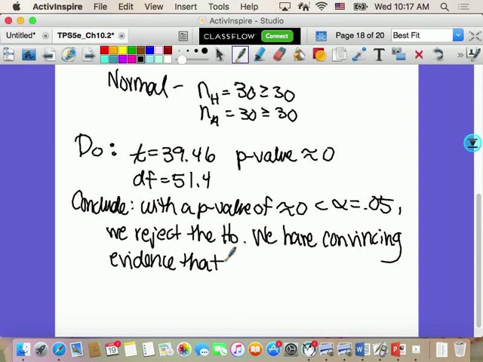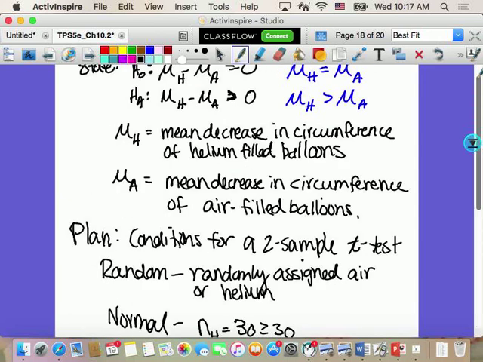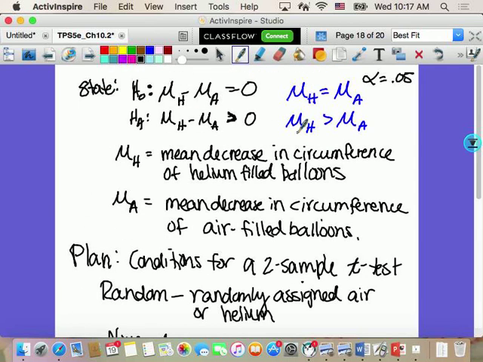Wait, are we doing the difference? That might be the word in the end. This one would probably have been easier to do with just the means. So you could have said we have convincing evidence that the mean decrease in circumference of helium-filled balloons is greater than the mean decrease in circumference of air-filled balloons.